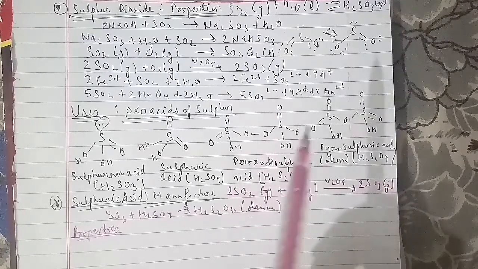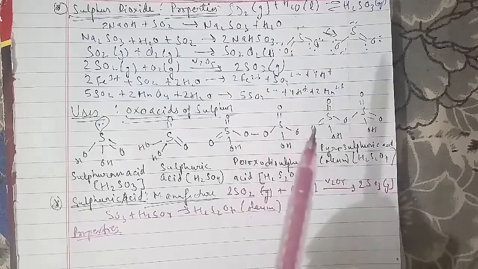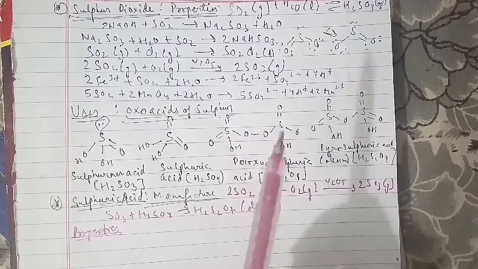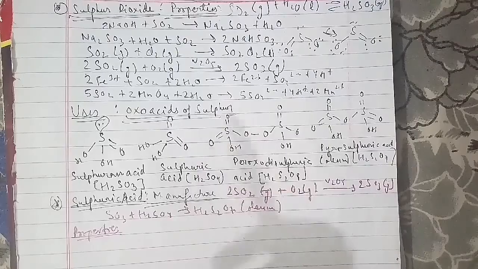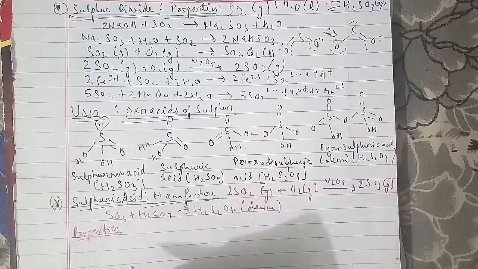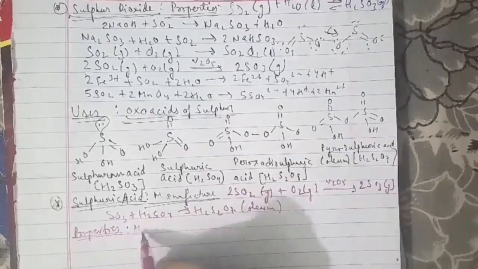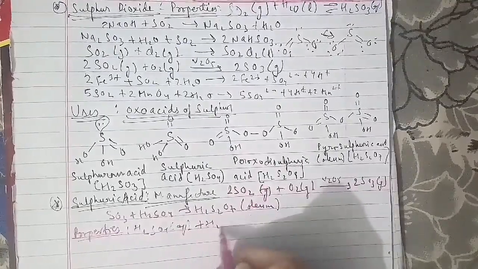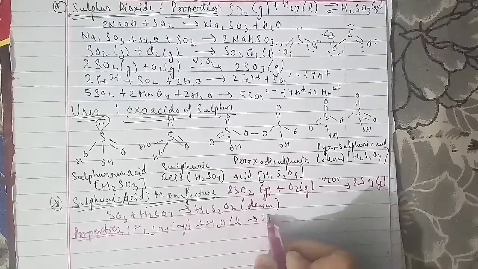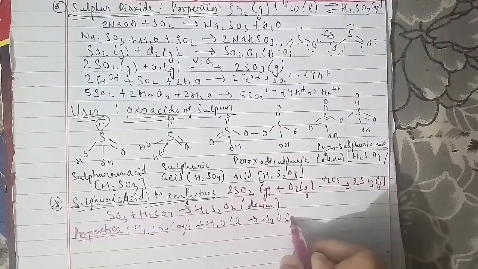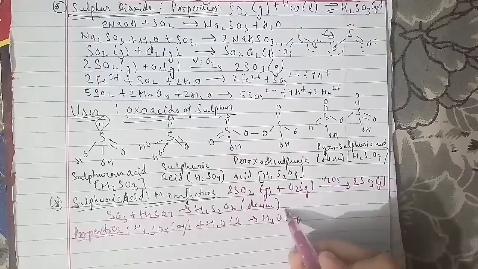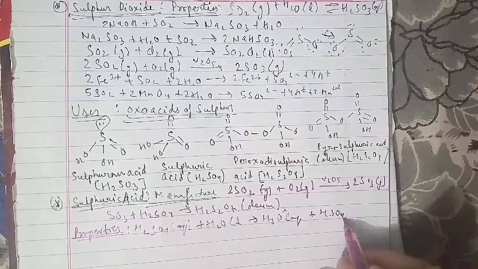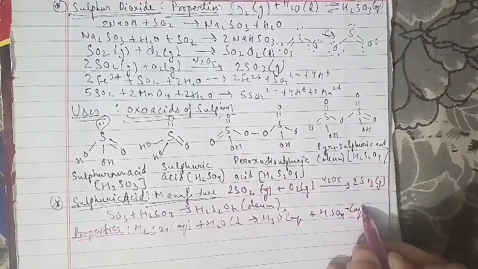H2SO4 aqueous plus H2O liquid gives H3O+ aqueous plus HSO4- aqueous, which has a very large Ka. The other step is HSO4- aqueous plus H2O liquid giving H3O+ aqueous plus SO4 2- aqueous.